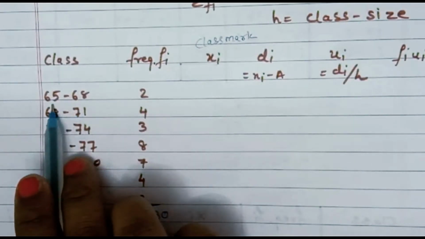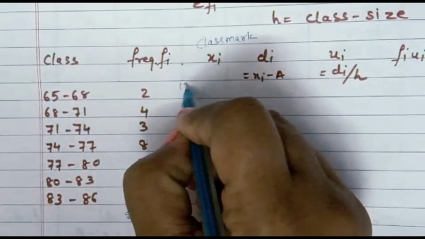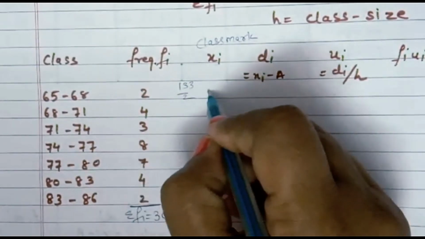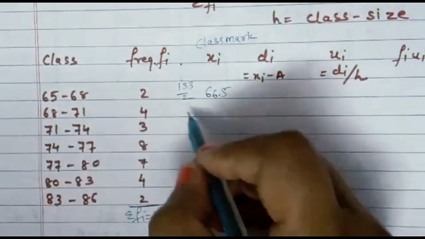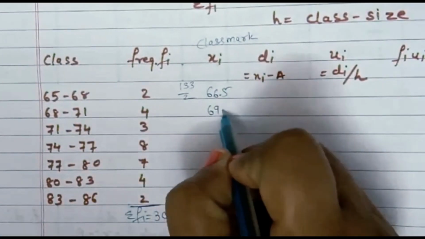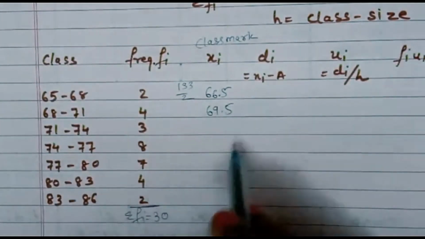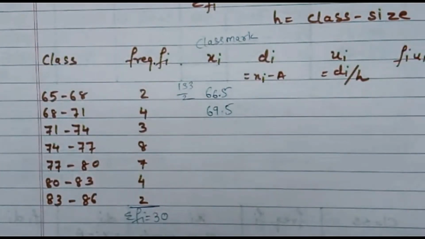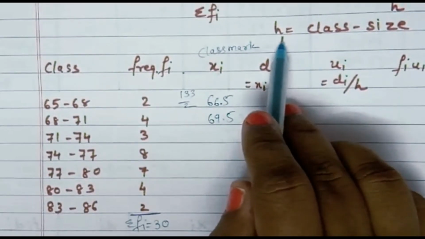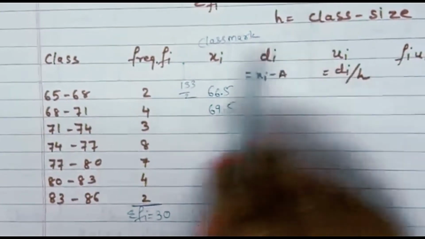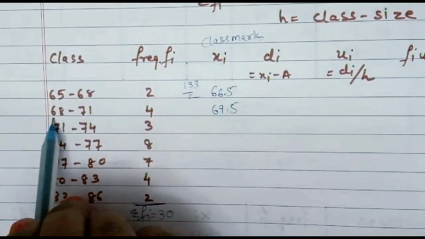So we know 65 plus 68 will be 133, and 133 upon 2 will be 66.5. Similarly, this will be 69.5. Now the question arises, will I add up all these numbers and find out the average? No. I have already talked to you about class size h. Here you can see 68 minus 65 is 3, 71 minus 68 is 3.